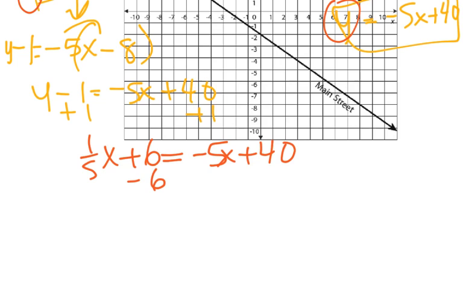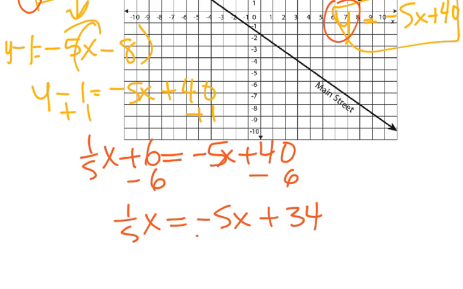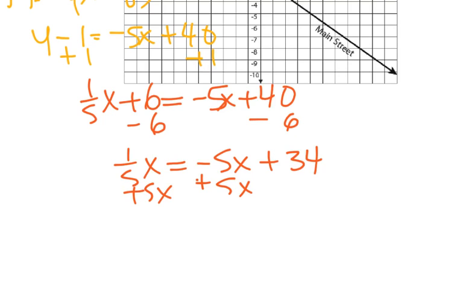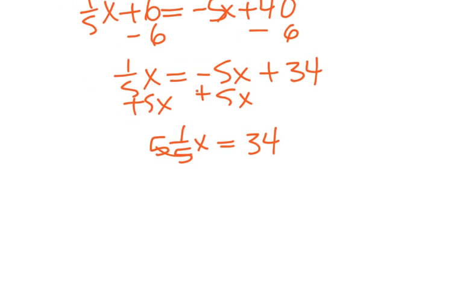Then solve. Subtract 6: 1/5 x equals negative 5x plus 34. Add 5x, so we get 5 1/5 x equals 34. Change this, that's 26/5: 5 times 5 is 25 plus 1. That equals 34.